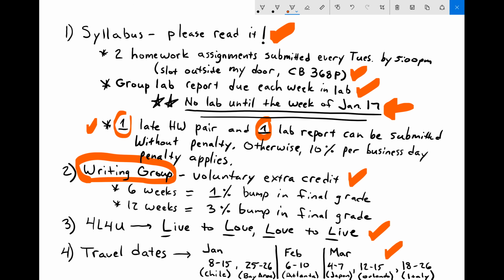I did mention briefly about the notes. If you go to Learning Suite and go to Content, you'll see a content page called Student Lecture Notes. You'll see there every week I'm going to put up PDF copies of the lecture notes I intend to cover.